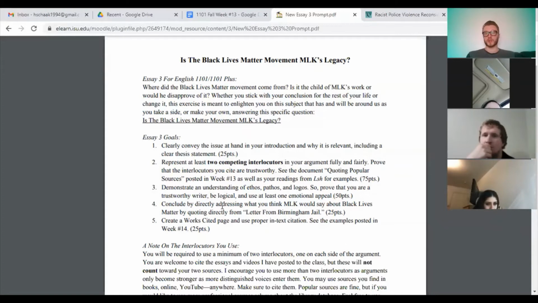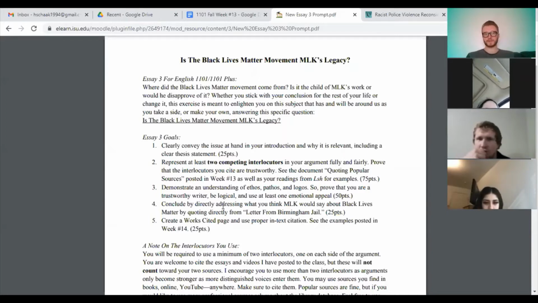And then I want you to conclude by directly addressing MLK from Letter from Birmingham Jail. So somewhere, it doesn't have to be the conclusion, but the conclusion makes a lot of sense. I want you to quote directly from Letter from Birmingham Jail to prove why your interpretation of this question is legitimate. I want you to connect his words and the ideas that you read from him to your own paper.